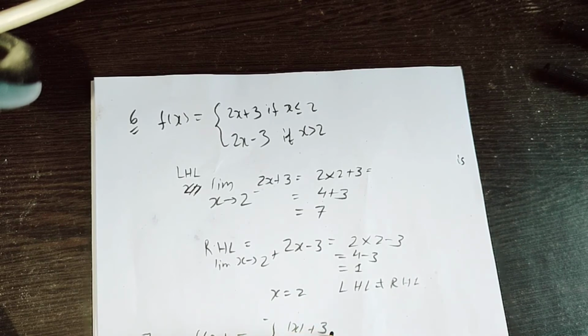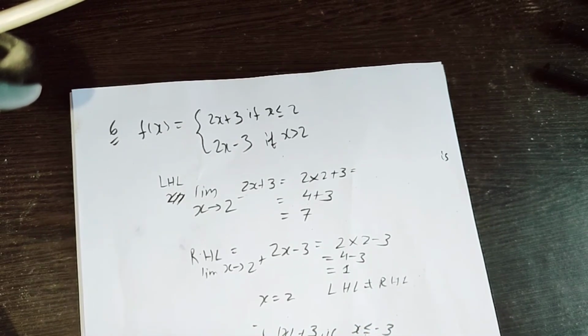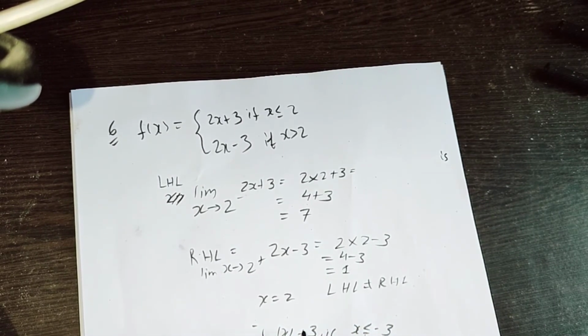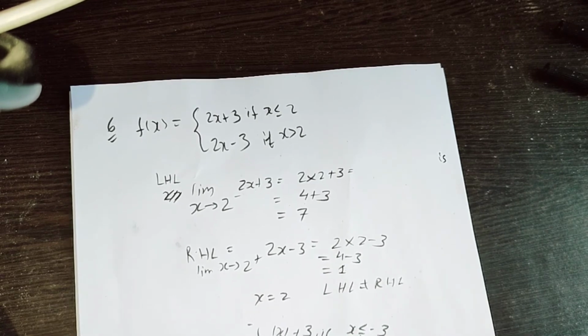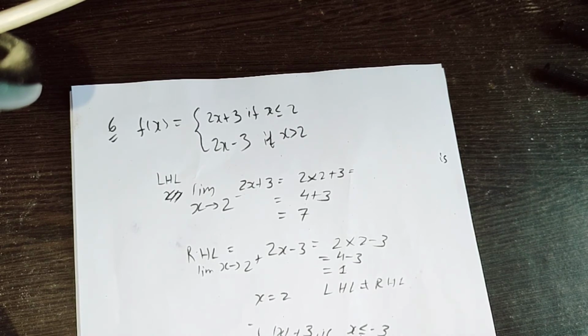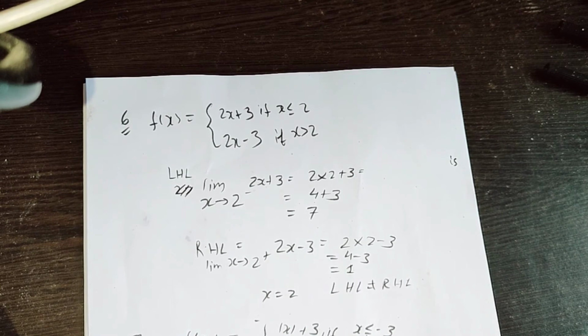Mod x plus 3 if x is less than or equal to minus 3, minus 2x if x is between minus 3 and 3, and 6x plus 2 if x is greater than 3.